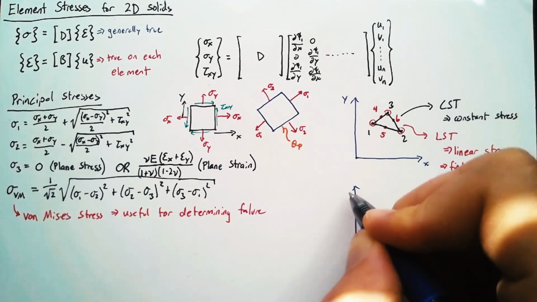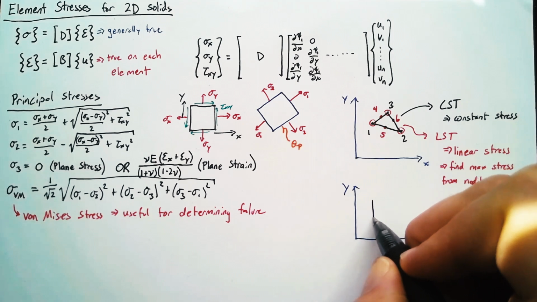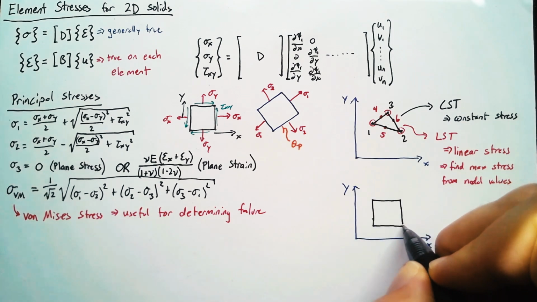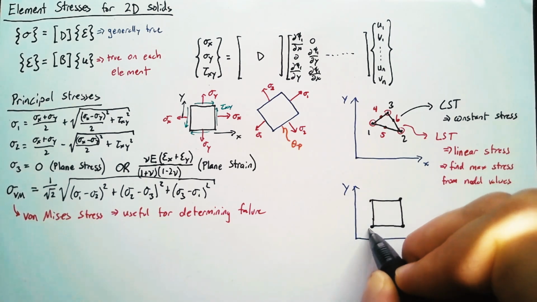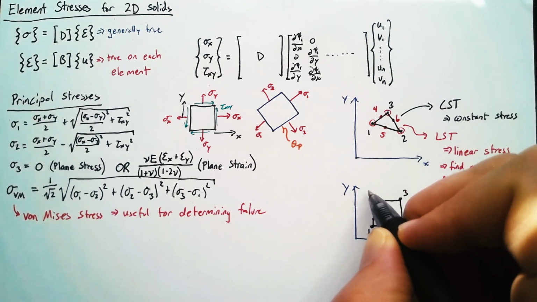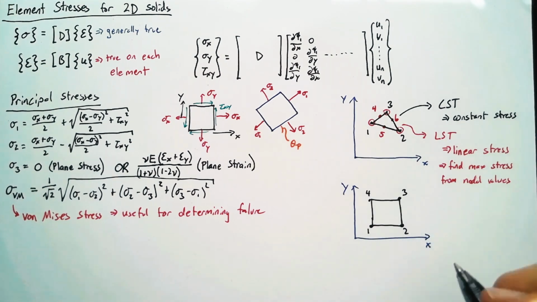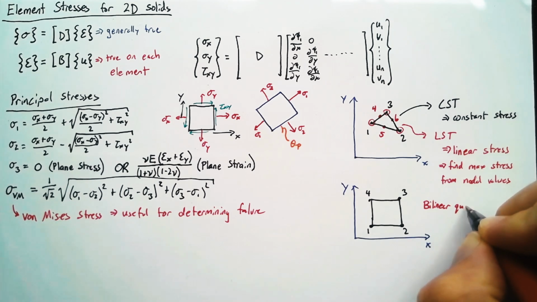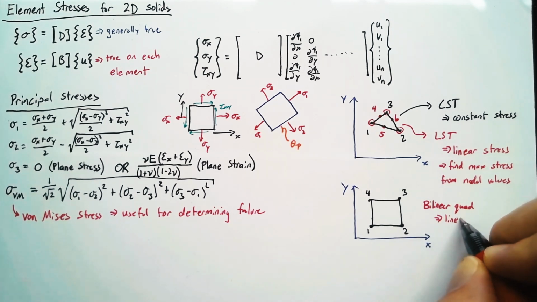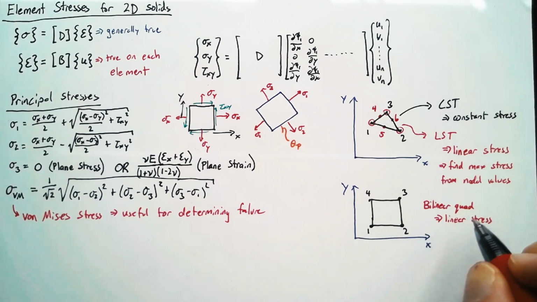Another element type that we might use is the bilinear quadratic element. This is very similar to the linear strain triangle that we just talked about. We have linear stress. And so again, we need to find the maximum stress from those nodal values.